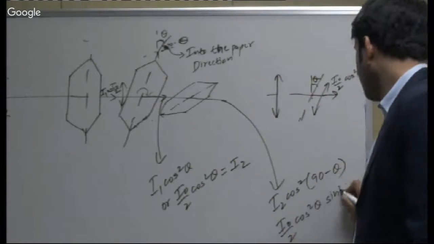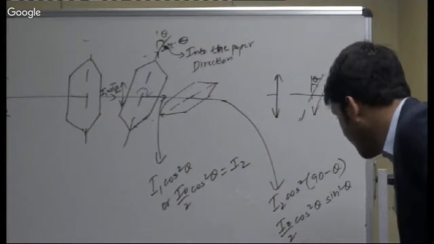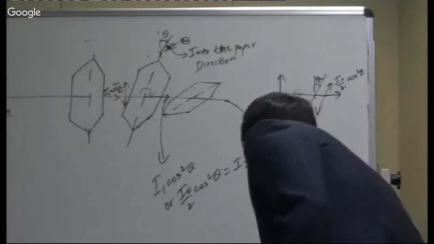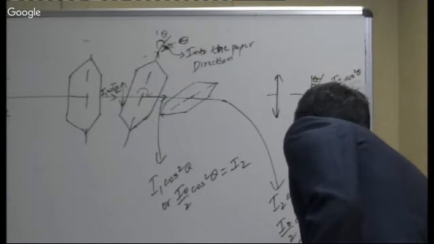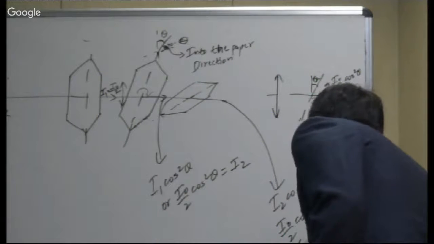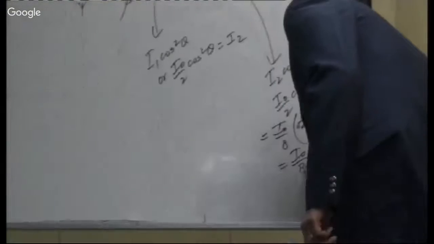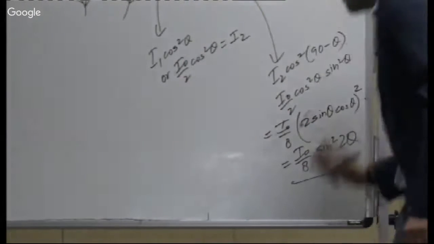This would be sine square theta. We can still simplify it. We can write it as I naught by 8 into 2 sine theta cos theta, sine square 2 theta. This is the final intensity.